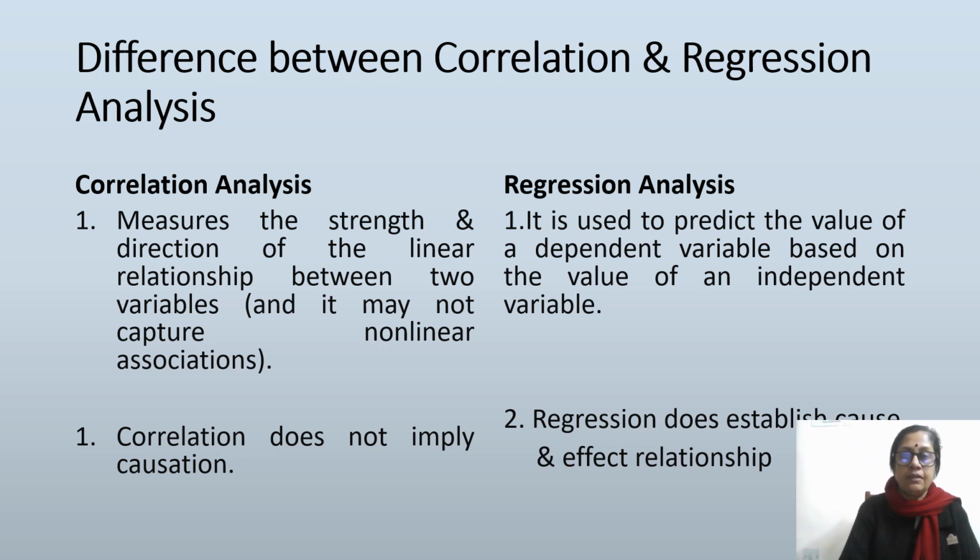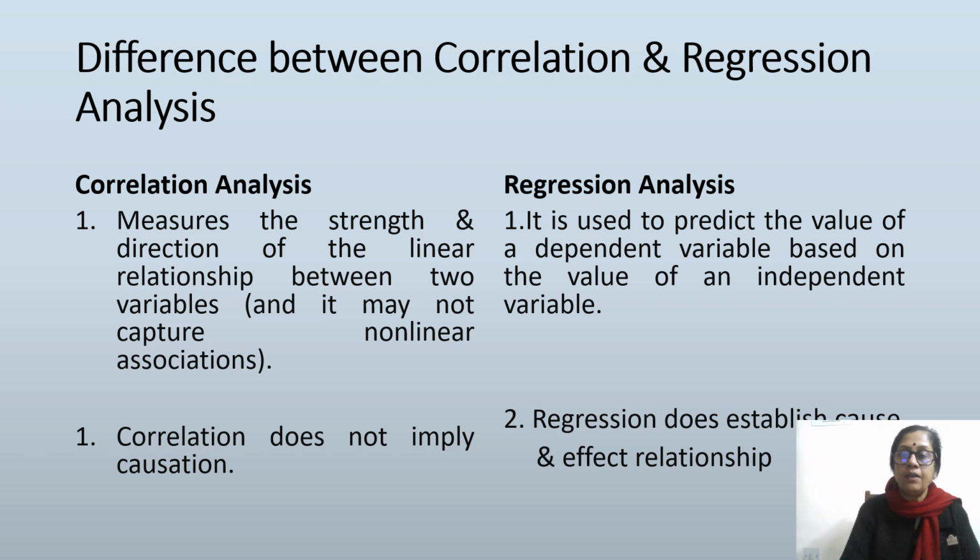Correlation analysis measures the strength and direction of the linear relationship. मतलब कितना relationship है और क्या उसका magnitude है. On the other hand, regression analysis is used to predict the value of a dependent variable based on the value of an independent variable. Correlation does not imply causation.